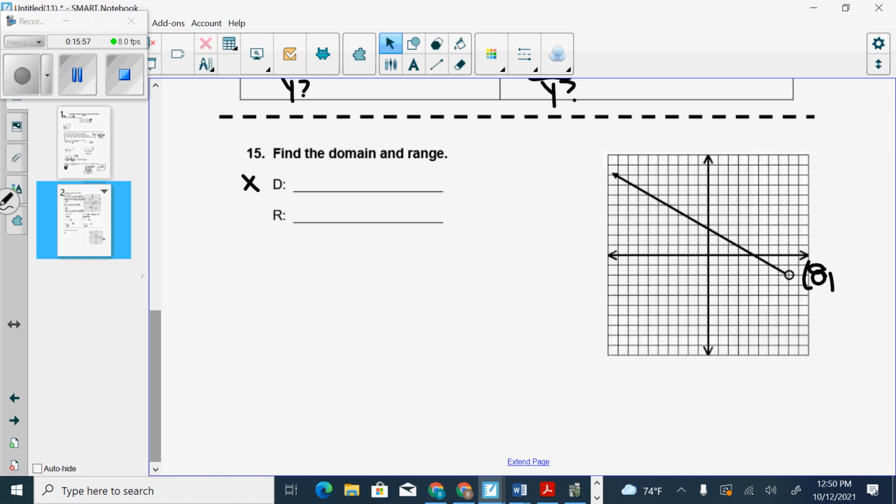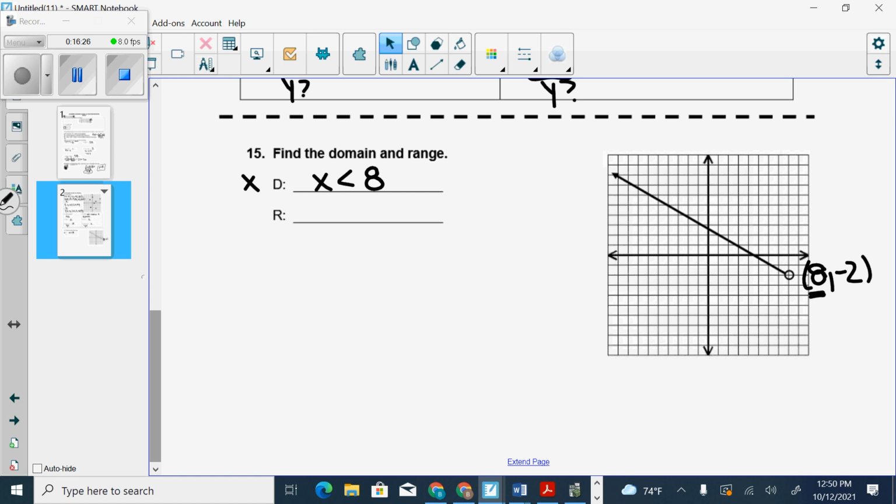I'm only worried about x's right now, so the furthest it goes to the right is 8. Is it ever going to stop going to the left? No, it's going to go to the left forever. As I move to the left, do the numbers get bigger or smaller? Smaller. So I want to say that x is less than 8. Do I need the equal sign? No.